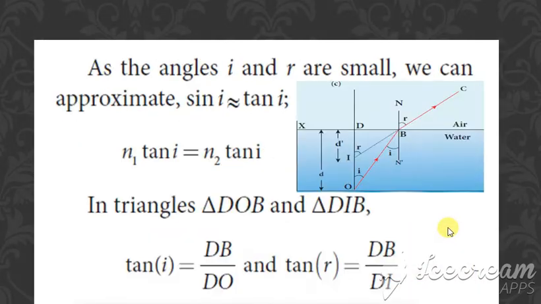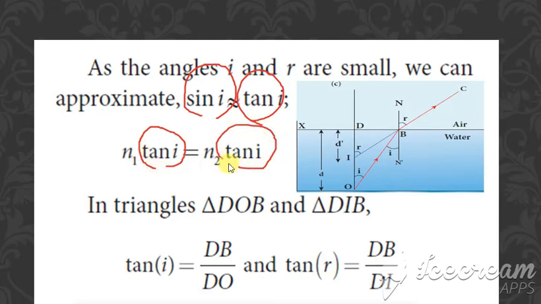Then, for small angles, sine can be taken as tan, so that can be written as tan I divided by tan R. Just to make a correction, instead of sine we are writing tan.